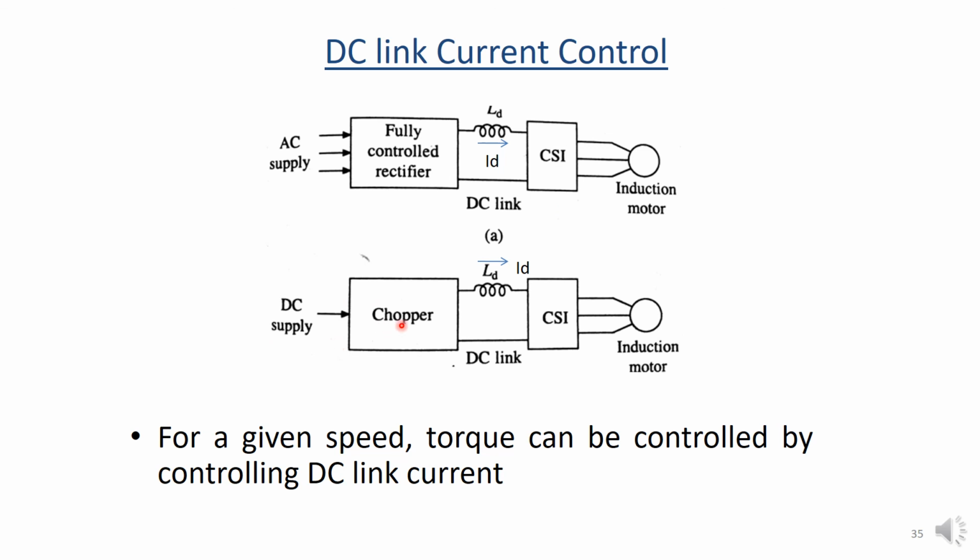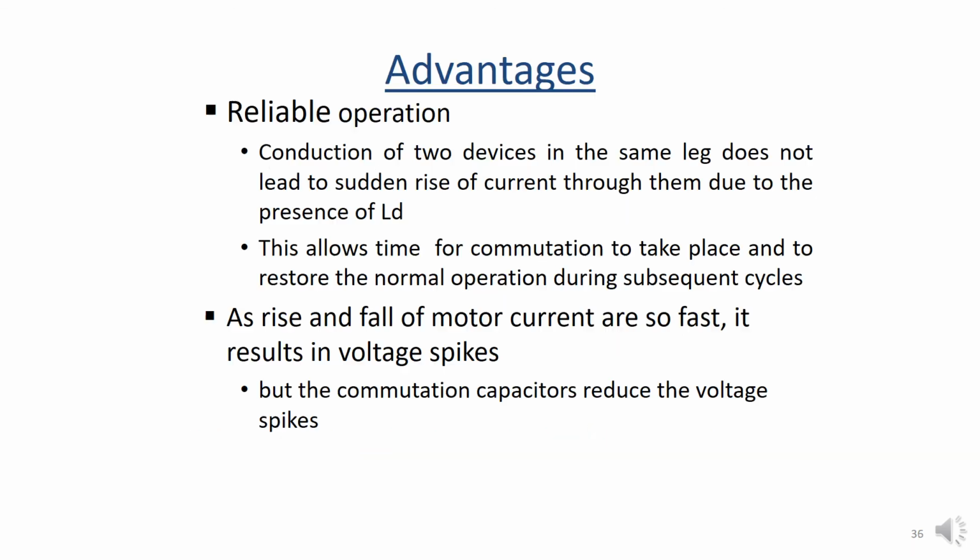If the supply is DC, it is connected to a chopper, and the chopper output is given to the CSI via a large inductance LD. So through this LD we have a DC link current, and the inverter feeds the induction motor. By controlling the DC link current, we can control the torque of the machine.